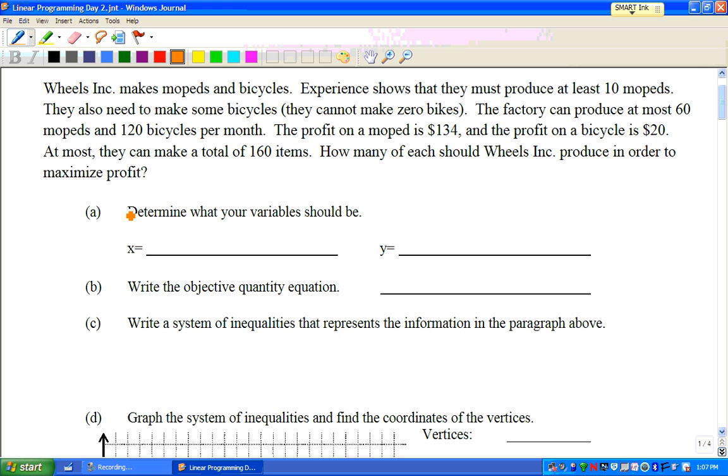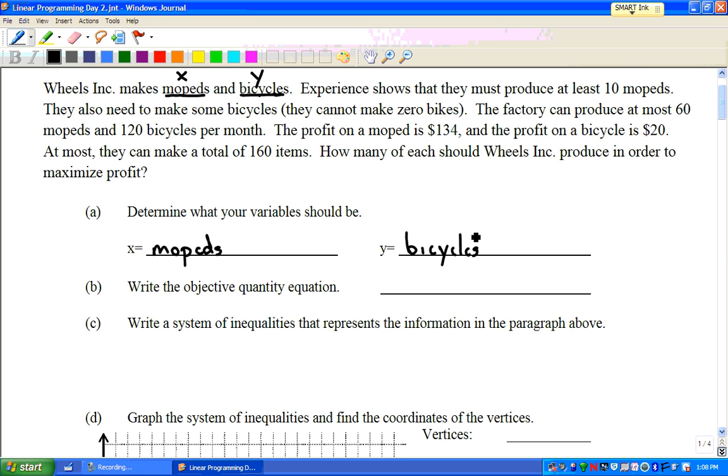So we have to determine what our two variables are going to be. They're going to make mopeds and bicycles. I'm going to call my mopeds X and my bicycles Y. So this right here is going to be mopeds, and this right here is going to be bicycles.